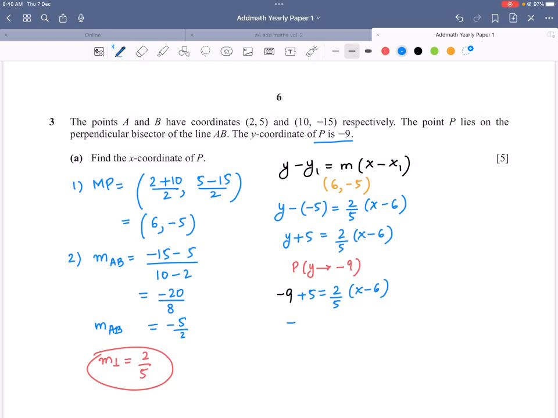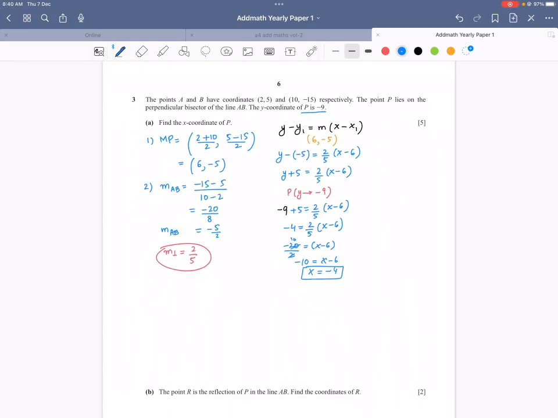Minus 9 plus 5 is minus 4, equals 2 over 5 times x minus 6. Cross multiply: minus 20 divided by 2 equals x minus 6. So minus 10 equals x minus 6, and x equals minus 10 plus 6, that will be negative 4. And that is your answer for the first part.